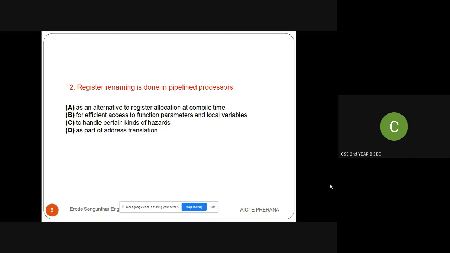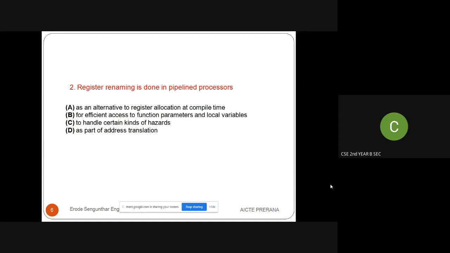The first option they have given is that it is used as an alternative to register allocation at compile time. So we are using register renaming as an alternative solution.